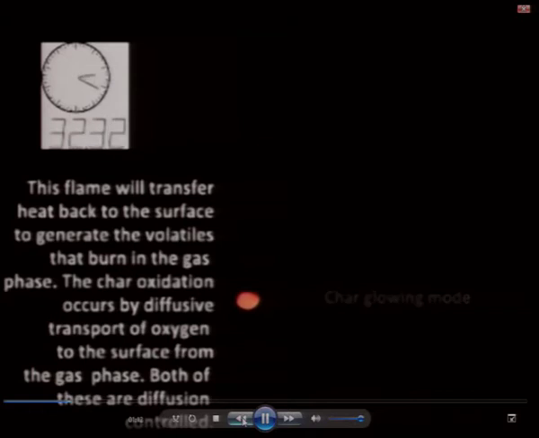So now the visible flame is gone. So you see the glow. So this is char combustion.